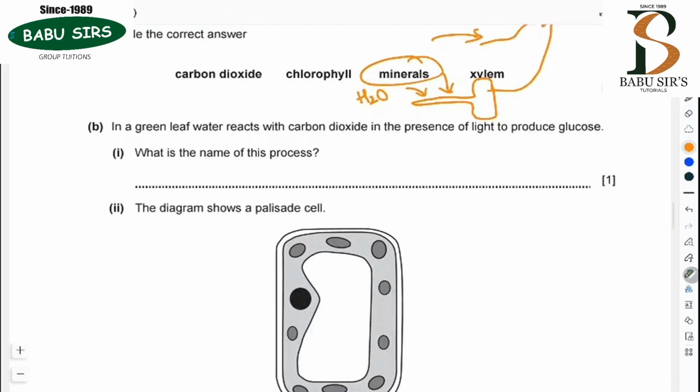Second question, in a green leaf, water reacts with carbon dioxide, so CO2 plus H2O, with the help of light. Now I think this is preparing food.